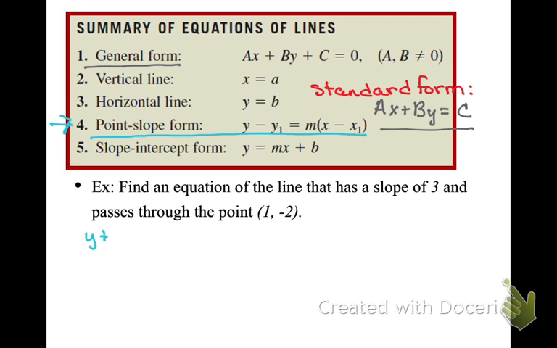So we're going to have y minus what? So it's going to be y plus 3 equals 3 times x minus 1. So we subtract 3, correct? And distribute the 3.